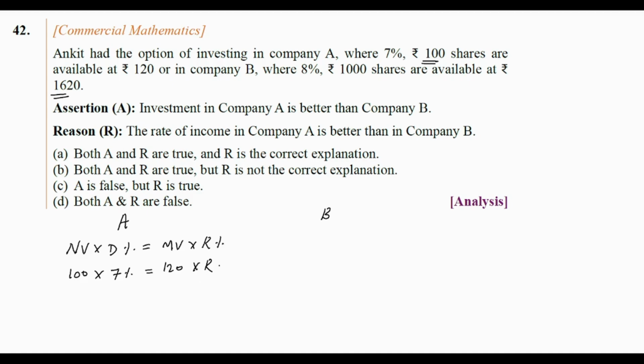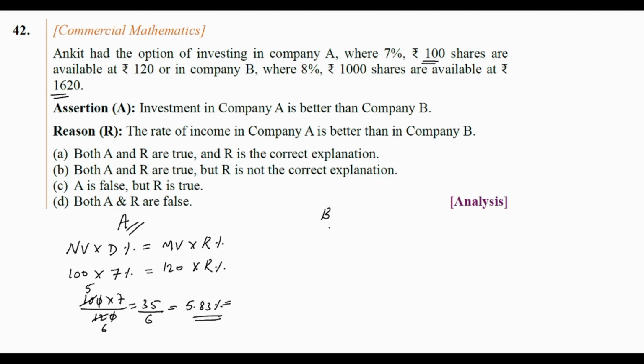So now pay attention. 100 into 7 divided by 120. If I do that, this will get cancelled, 5 are to 6 are. So I get it as 35 divided by 6, that is nothing but 5.83%. That is my return percent in case of company A.